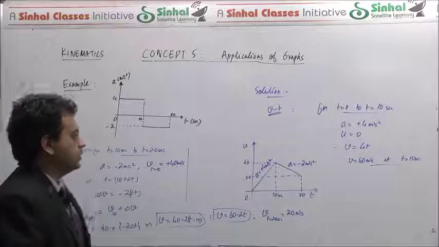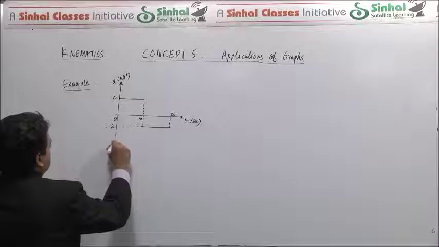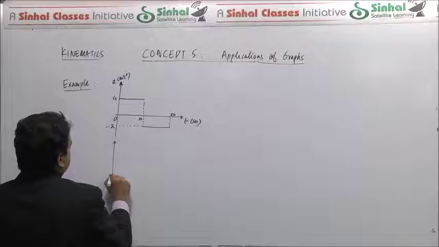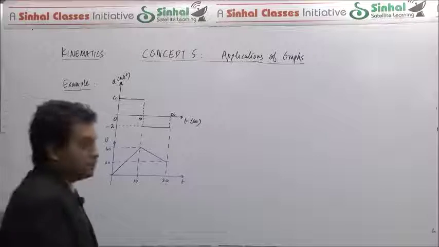Next we will look at the position versus time graph. That's the velocity versus time graph again.